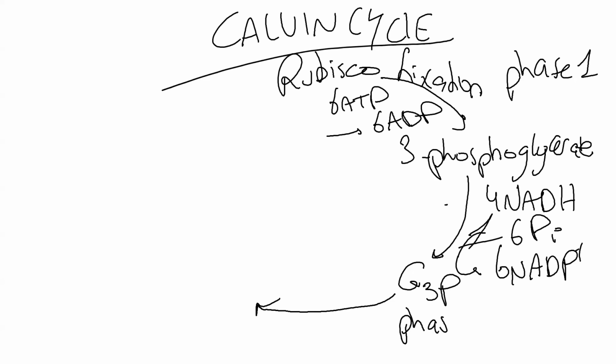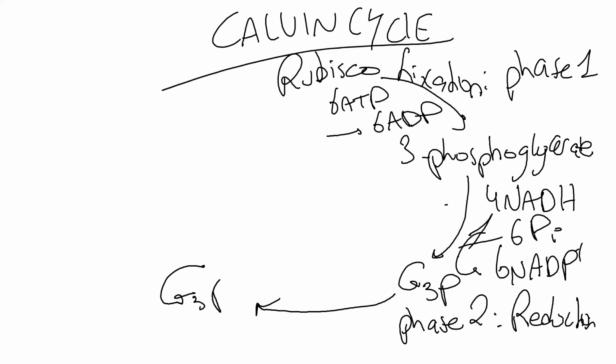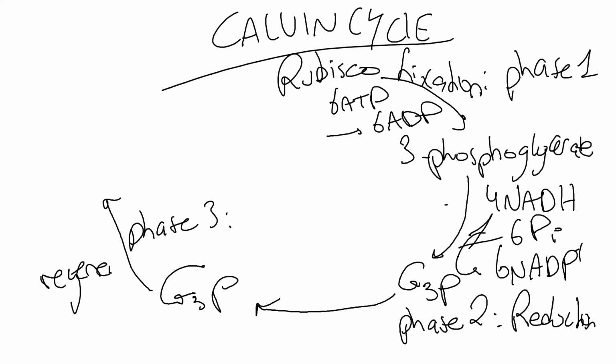So phase 1 is fixation. Phase 2 is reduction to make another G3P, and then it will undergo phase 3, which is called the regeneration phase.